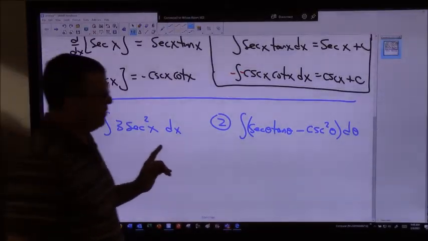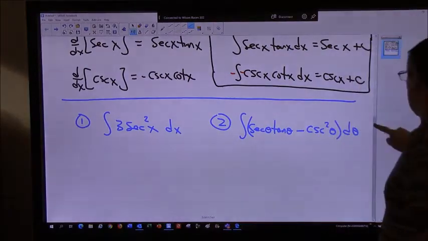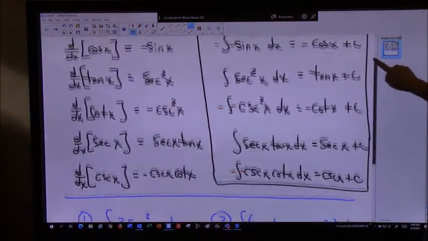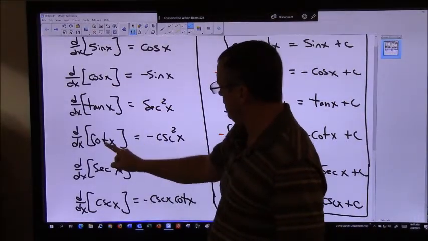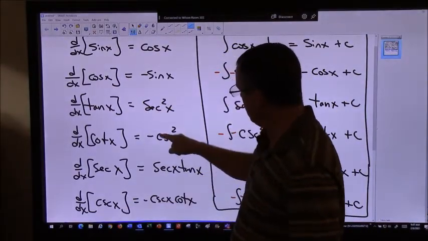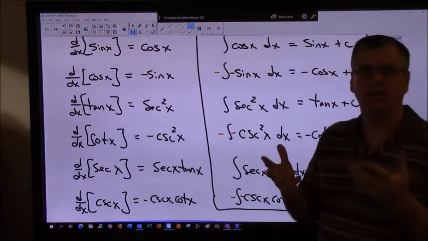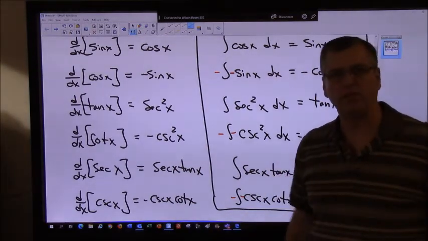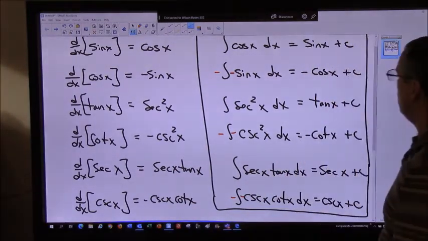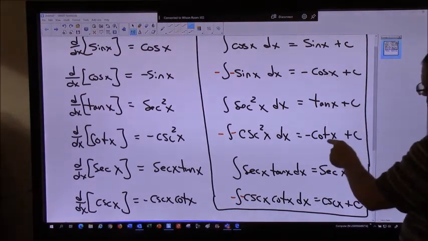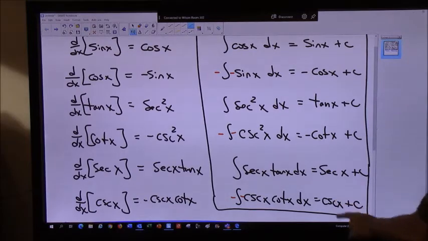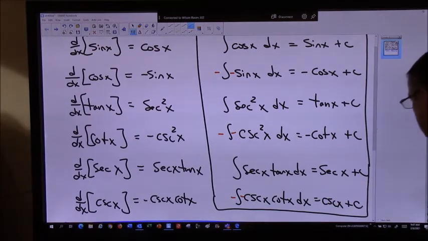Before we do these, just one thing to point out. I don't know if you remember this, but when we took our derivatives, anytime we took a derivative of anything that started with a C, we got negative answers. This is one of the difficulties: how do we keep those negative signs straight? Well, with integrals, anytime our answer starts with a C, that's when we have, whoops, I missed the negative sign there.